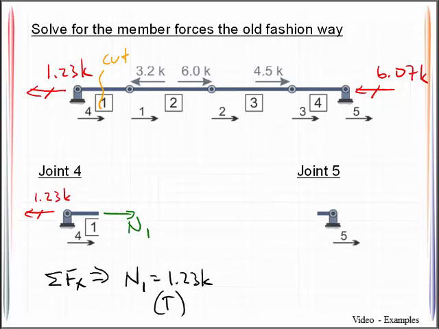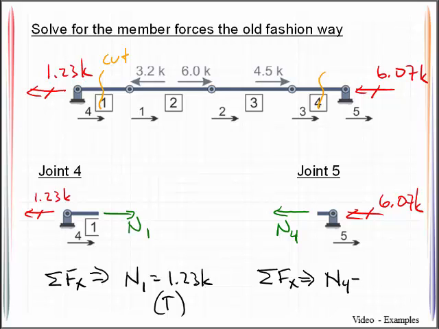And in a like fashion, if I wanted to know what was happening in member 4, I would make a cut, sketch the free body diagram, and get the reaction on there. Sum of forces in the x then reveals that N4 is equal to negative 6.07 kips, which we know represents a compressive force.